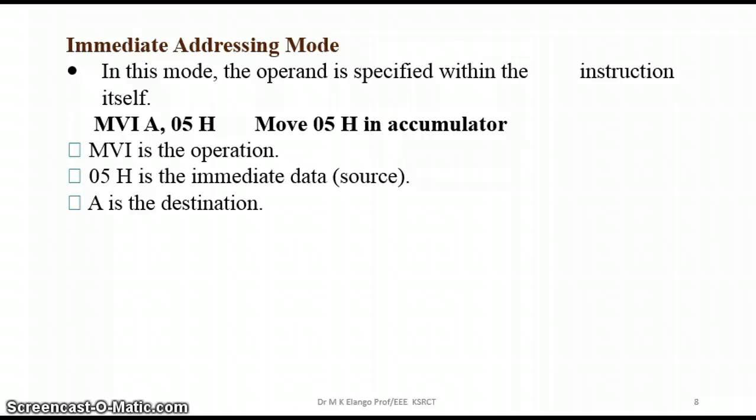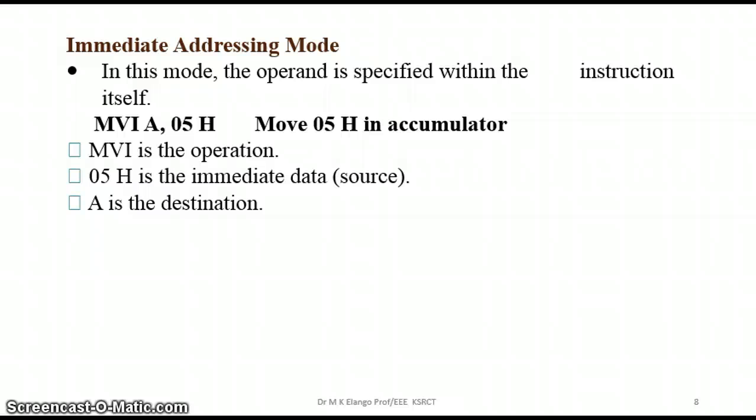Fourth category, immediate addressing mode instruction. In the past three categories, we spoke about the address of the operand. Another idea while inventing the microprocessor: why not specify the data in the instruction itself? That's why immediate addressing mode exists, where the data to be operated is specified in the instruction.